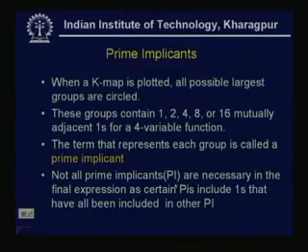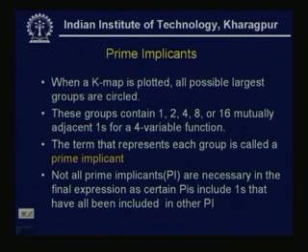Now, we learn another thing that is called the prime implicants. Now, when a K map is plotted, all possible largest groups are circled, that we have already mentioned in the rule. Now, these groups contain 1, 2, 4, 8 or 16 mutually adjacent ones for a 4 variable function. Now, the term that represents each group is called a prime implicant.